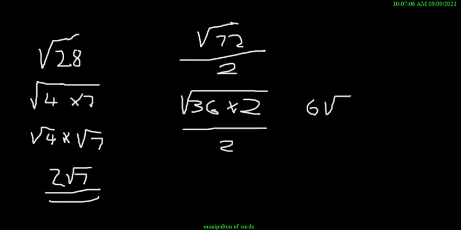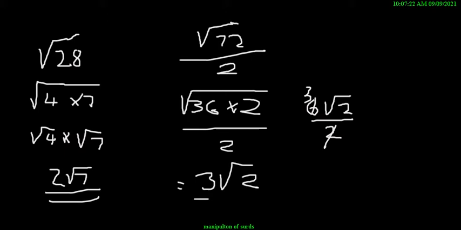And we're left with 2, which does not have a perfect square, so we keep root 2. And 2 over 2 is 1, and 6 over 2 is going to be 3. So knowing this really makes our life easier as we go on to other topics.